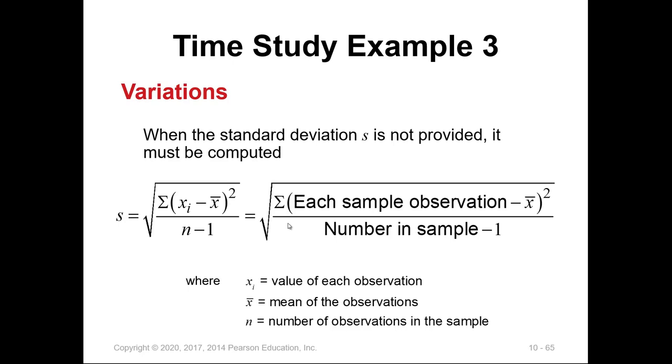When the standard deviation is not provided, it must be computed. s will equal the square root of the summation of xi minus x bar squared divided by n minus 1, where xi is the value of each observation, x bar is the mean of the observations, and n is the number of observations in the sample.